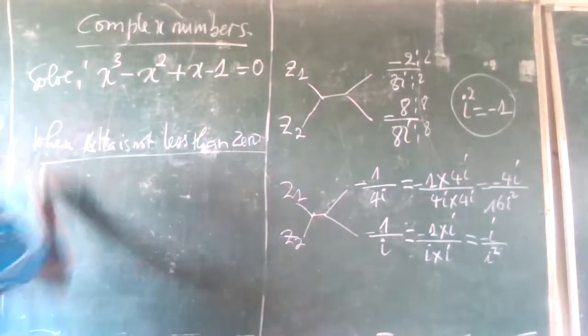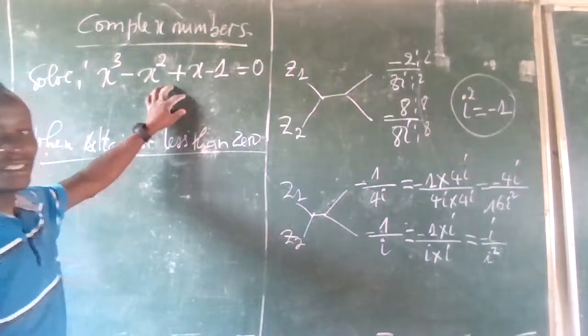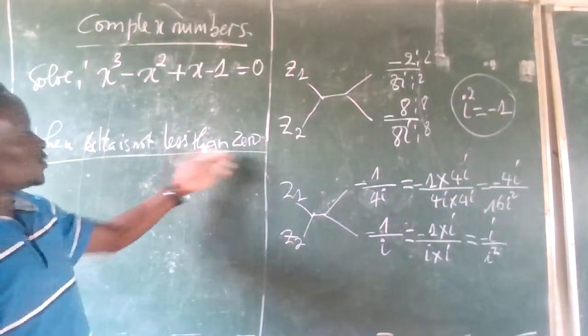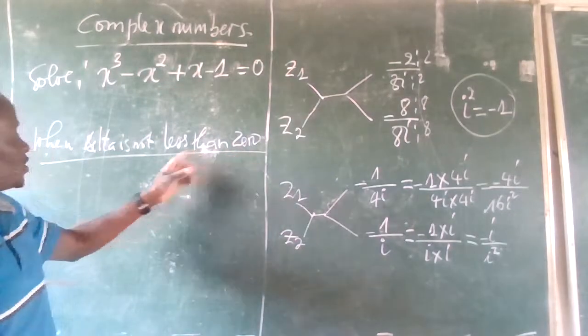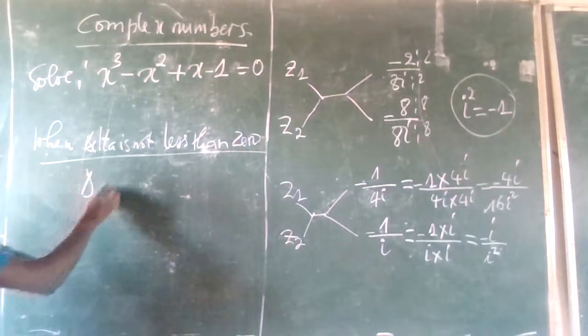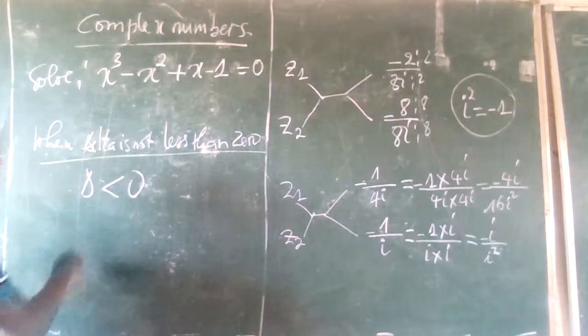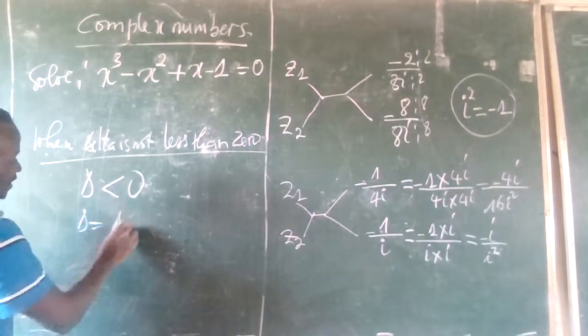You see, when we are solving in real numbers, it means that it is when delta is not less than 0. When delta is less than 0, it is like this one. It means it is when delta is equal to a negative number.